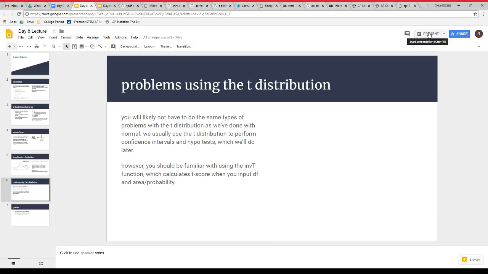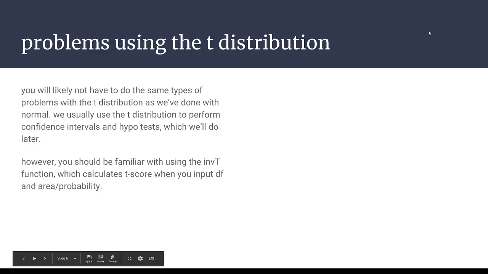Okay. Any questions on that? So the boundaries of the t-score? What about them? TCDF. They ask for lower and upper bound as the first two inputs. So you would do TCDF parentheses some number, comma, degrees of freedom. But are those two numbers, for the lower and upper bound, the t-scores?